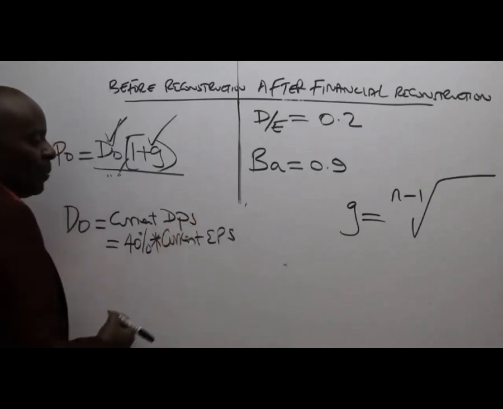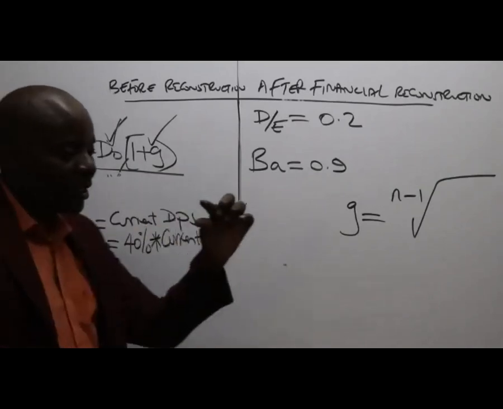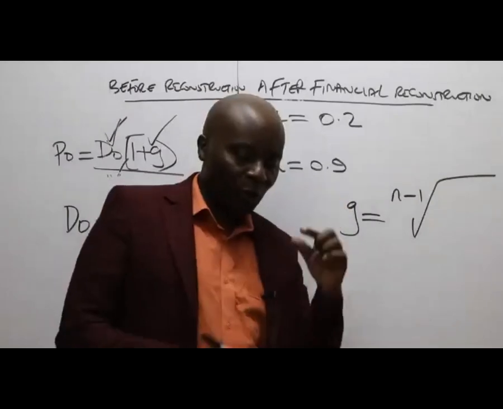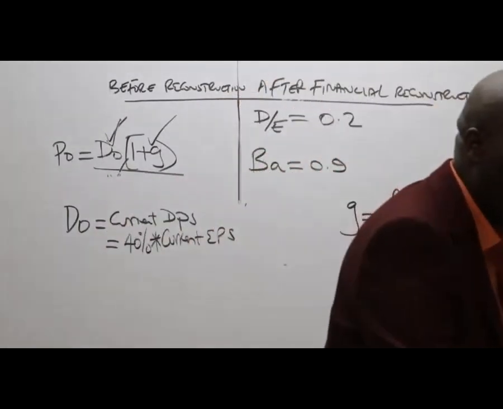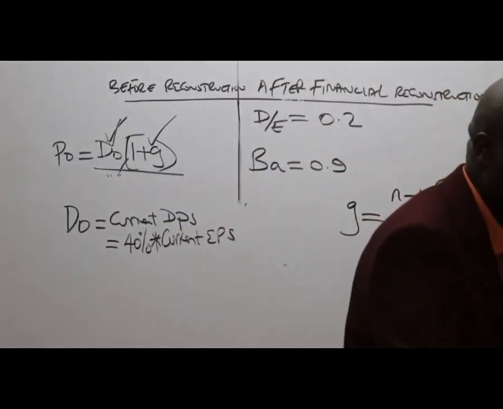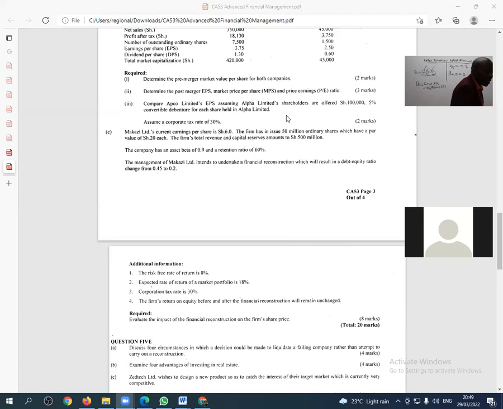The current EPS. Each share is earning 6 shillings. We were told in this question that each share has a current EPS of 6.